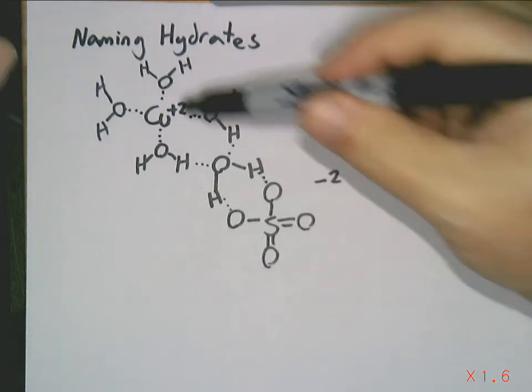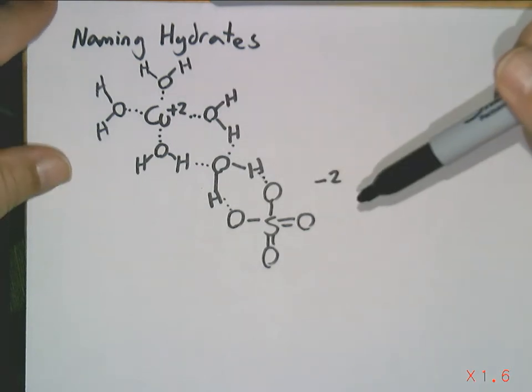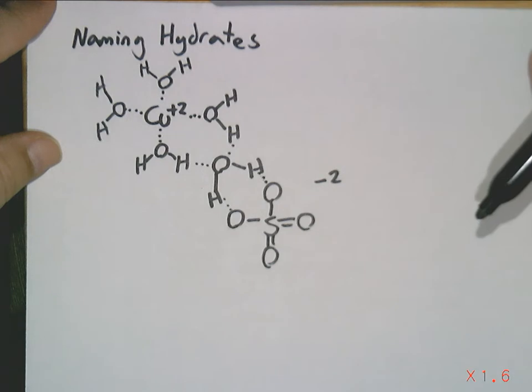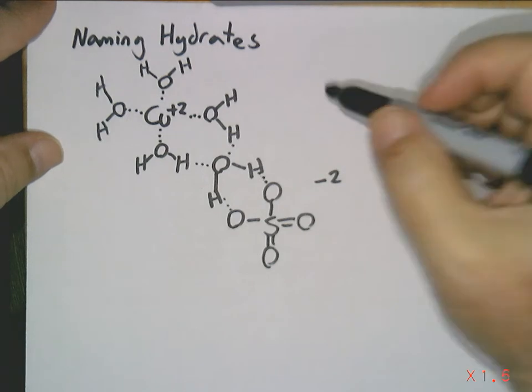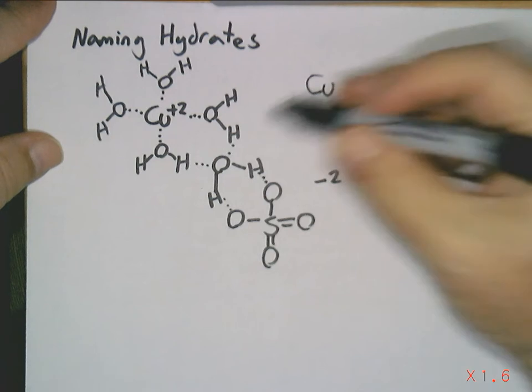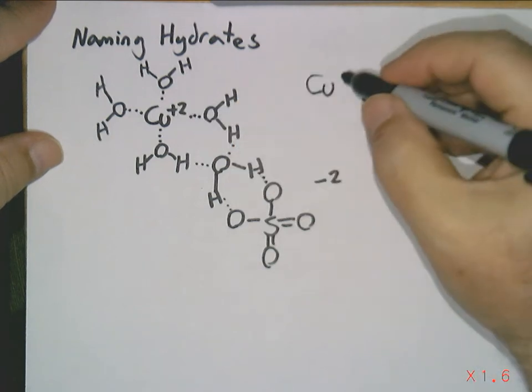Now, this is too much detail for us here in Chem 201. You'll study this kind of thing in more detail if you take inorganic chemistry. And if you take geology, you're looking at crystal structures there. But we're going to write this in a simplified way. There's copper-2 sulfate in there.